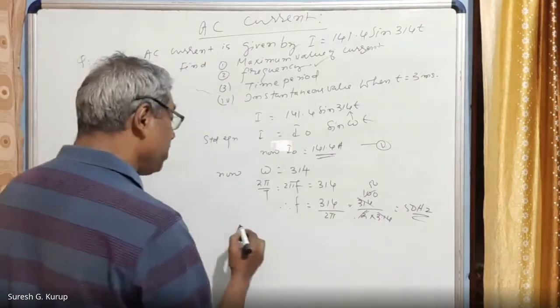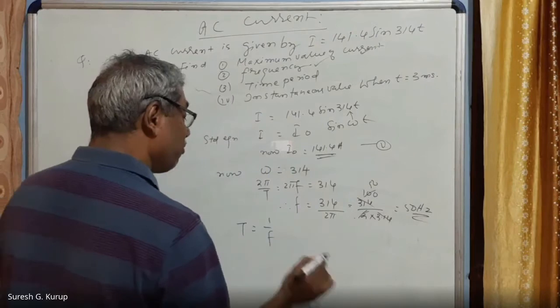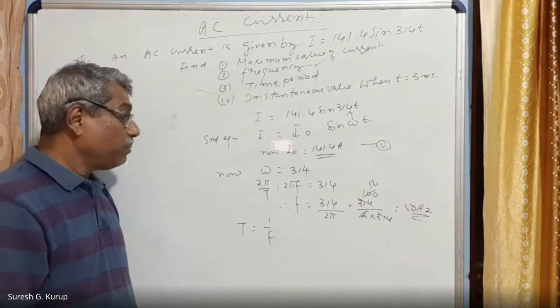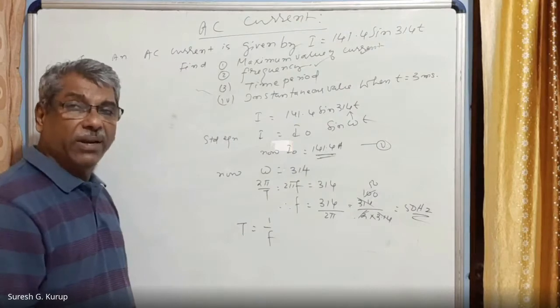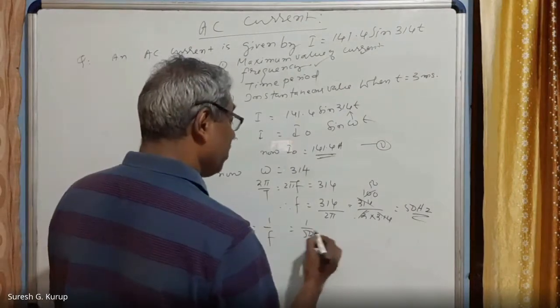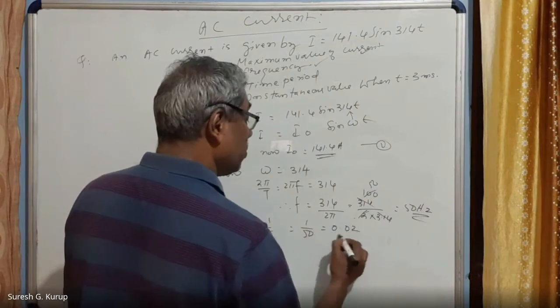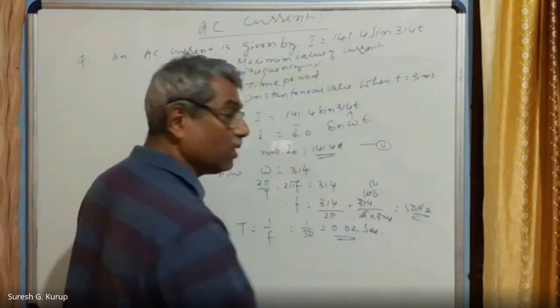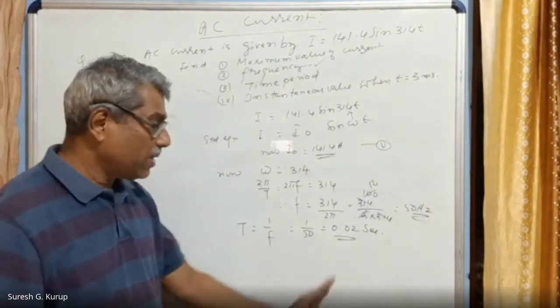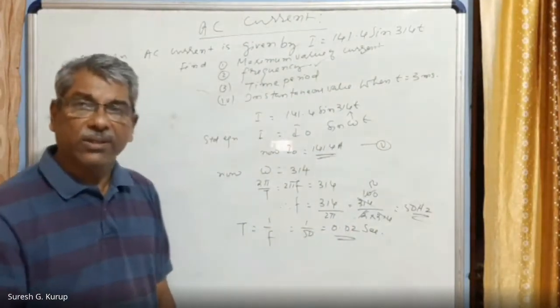Time period T is equal to 1 by f, because f is equal to 1 by T and T is equal to 1 by f. That is equal to 1 by 50, that is 0.02 seconds.